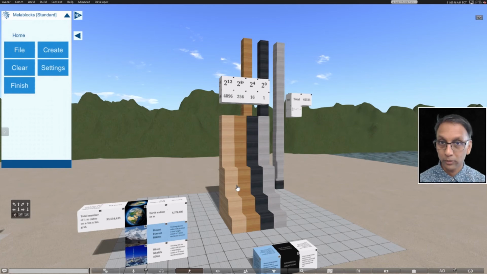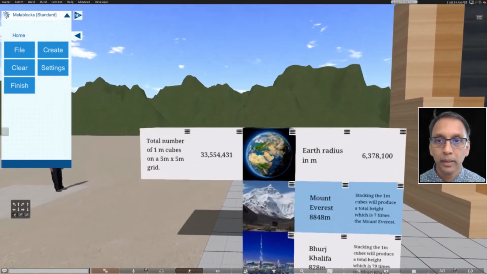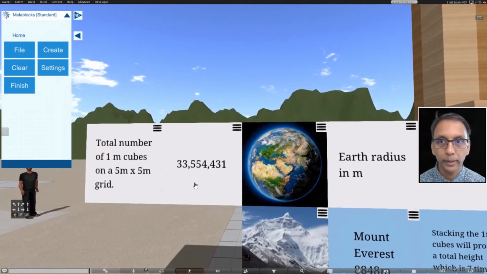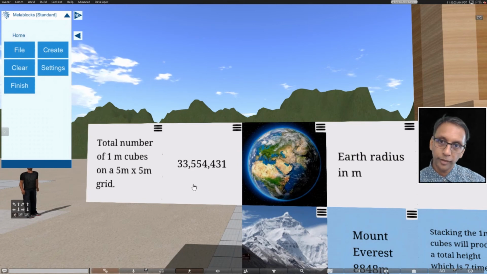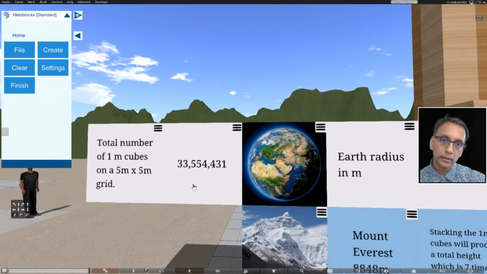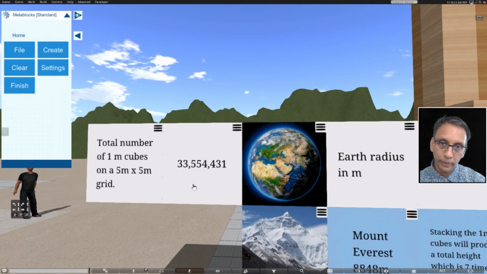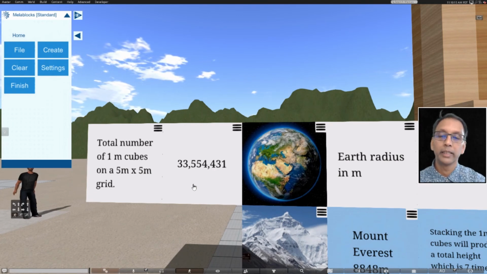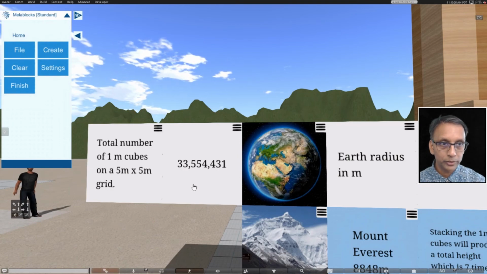So we have to talk about the size of the planet Earth. What we will find is, if we try to place 1 meter cubes following the doubling rule that I mentioned on a 5 meter by 5 meter grid, and you add them up and place them one on top of the other, the height would be 33,554,431 meters.